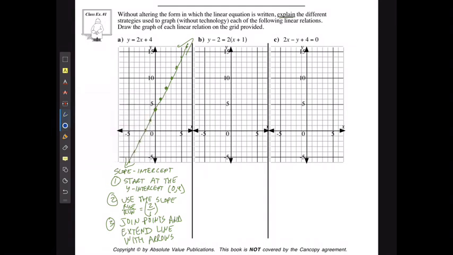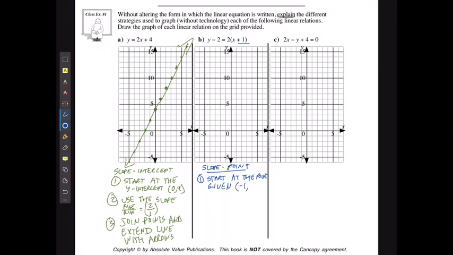If I'm using my slope point form, in this case, I'm going to start at the point that's given, which in this case is going to be, well, if it's x minus x1, it's going to be the opposite of the sign inside the brackets, and it's going to be at -1.